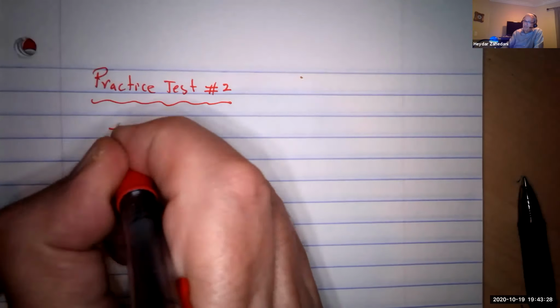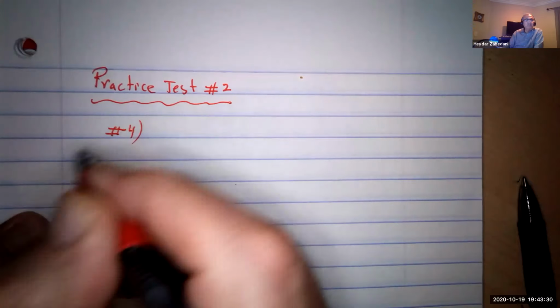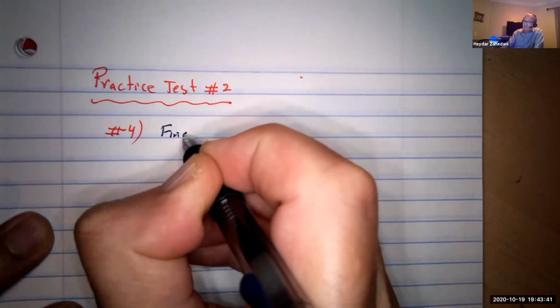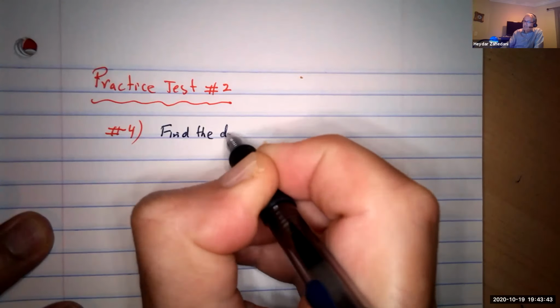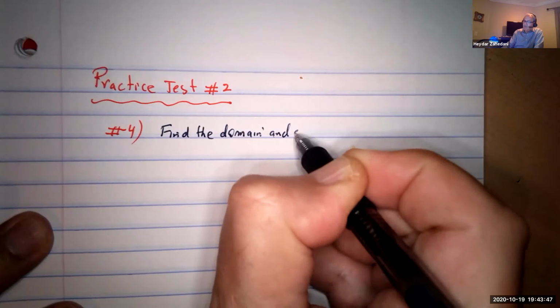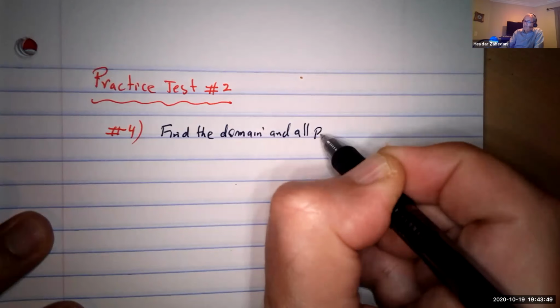So we are going to get to number 4 first. This is what we did. They asked for the domain and all possible asymptotes. Okay, so find the domain and all possible asymptotes.